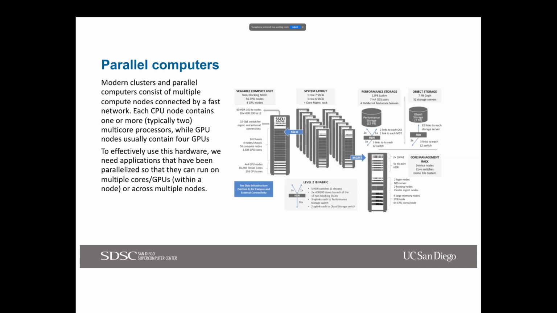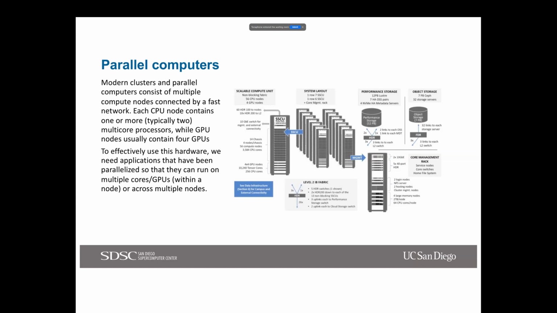But the general architecture of most high-performance computing resources that you might use is very similar, in the sense that the largest contained unit that you would connect together is what's known as a rack. This is what's labeled here as the scalable compute unit.